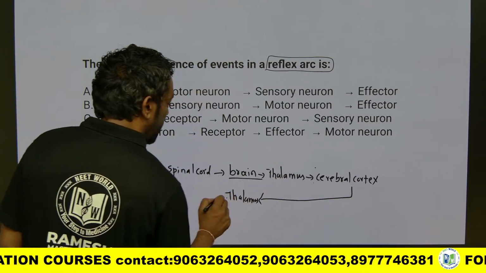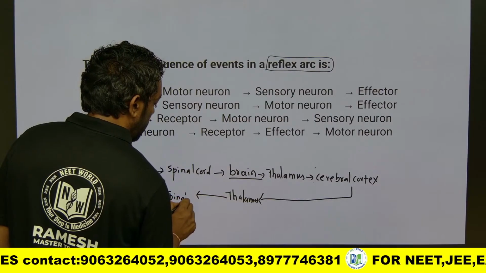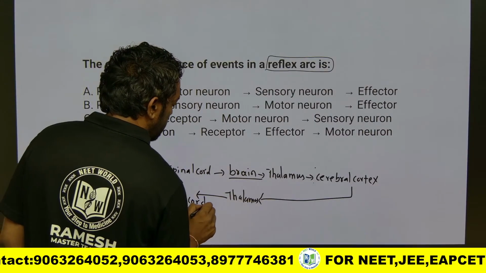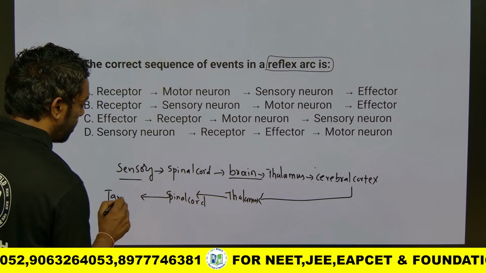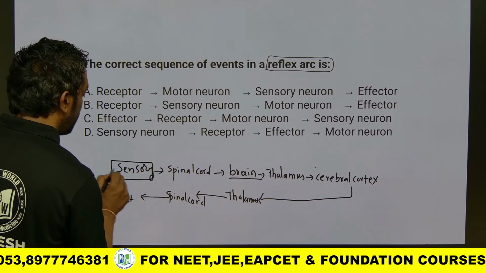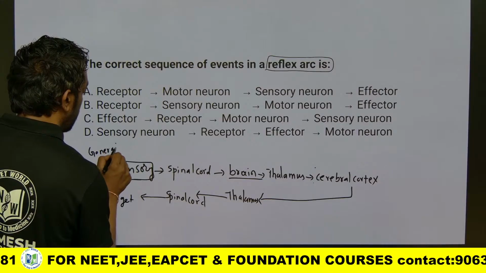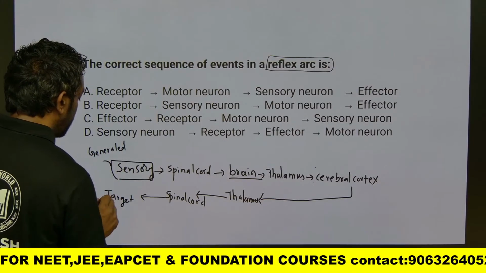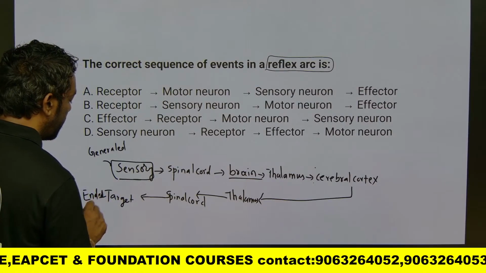Thalamus gives the signal into the spinal cord again. Spinal cord can give the signal into the target, where the sensory signals were generated, where the signals ended with the target.